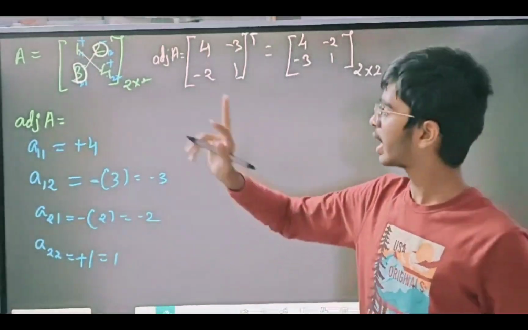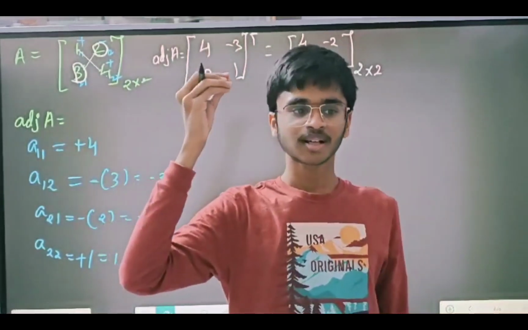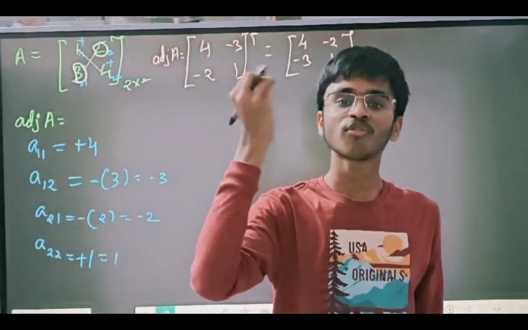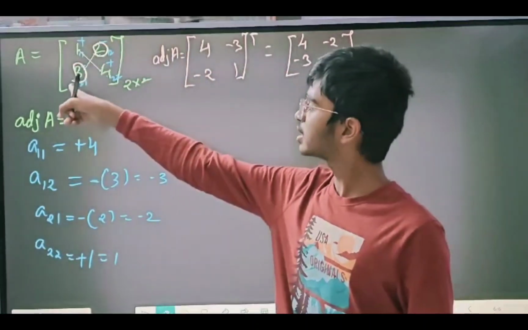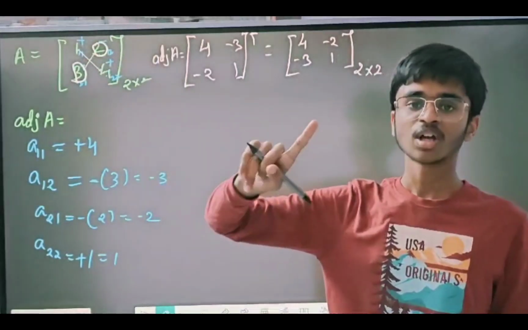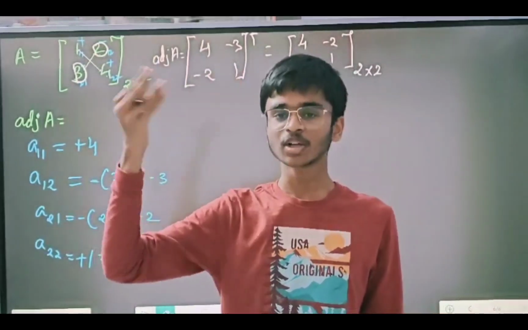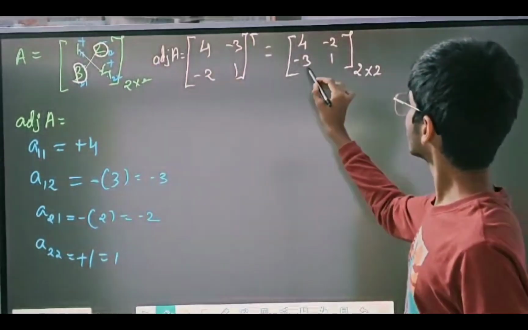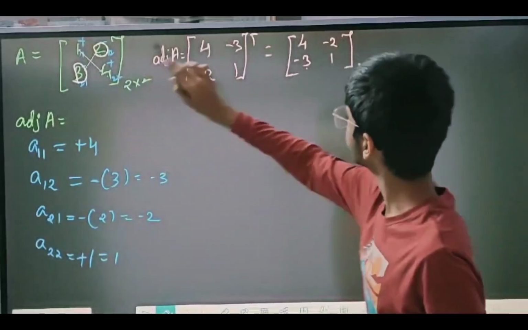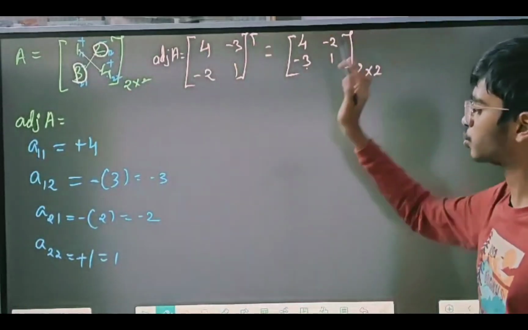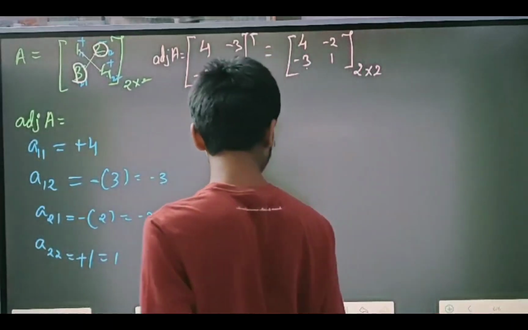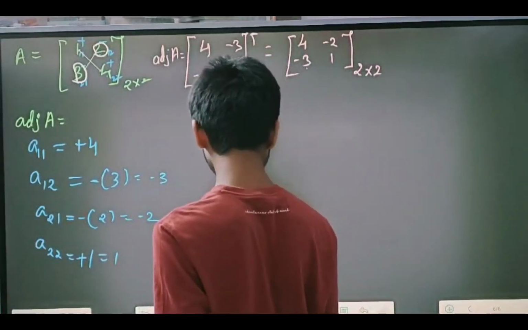Look at the element, not at their positional sign, that is because of their cofactor. Okay, look at these two elements. Here it is plus 3 and here also it's plus 2 now. So those two signs are going to be changed. So plus 3 is converted into minus 3, plus 2 is converted into minus 2. So this is how it is going to happen.